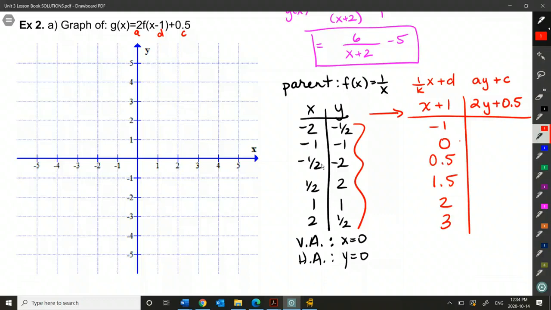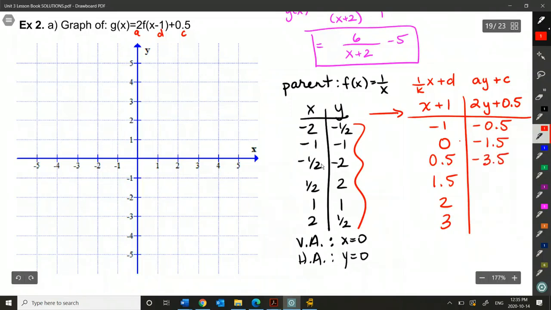So negative half times 2 is -1 plus 0.5, that will give us -0.5. -1 times 2 plus 0.5 is going to give us -1.5. -2 times 2 is -4 plus 0.5, that gives us -3.5. 2 times 2 plus 0.5, that's 4.5. 1 times 2 plus 0.5, that's 2.5. And a half of 2 plus 0.5 is 1.5.